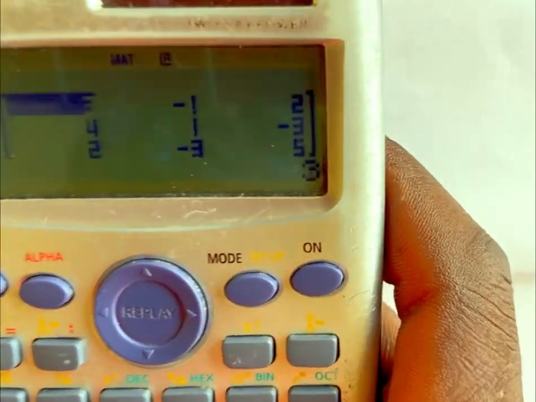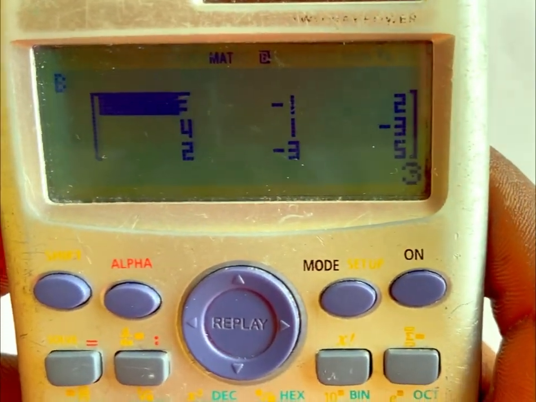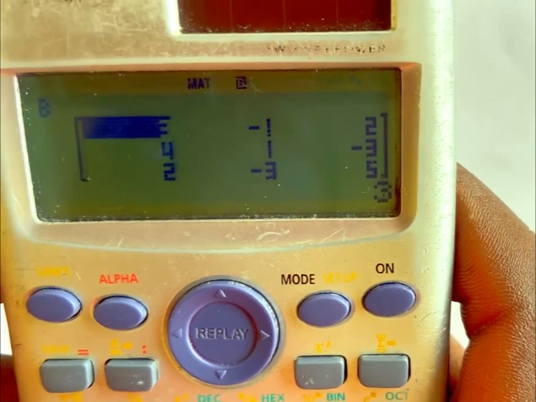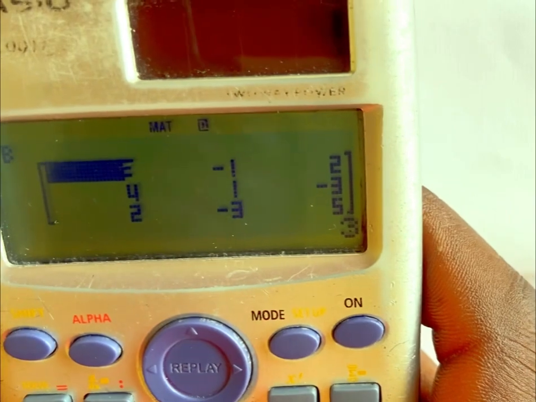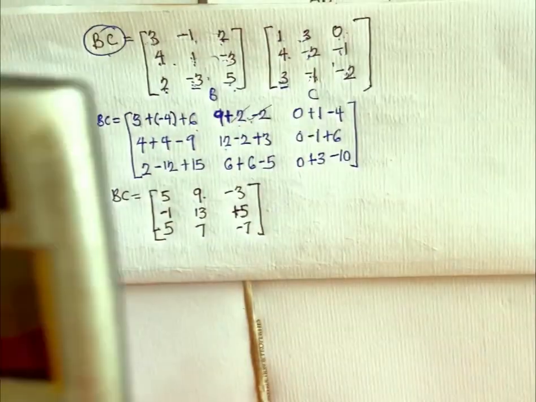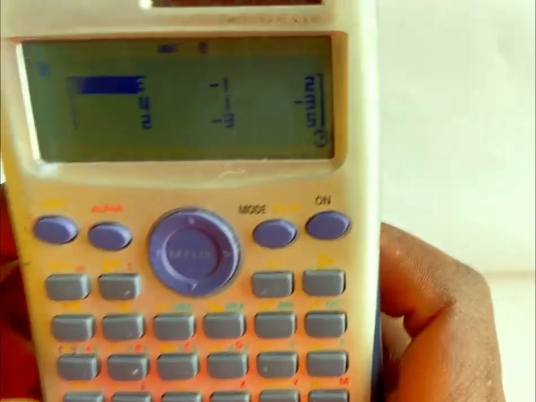After pressing 1, you can see something here, so don't mind the figures that are there. You are going to press your mat B, and then use your buttons to enter it.